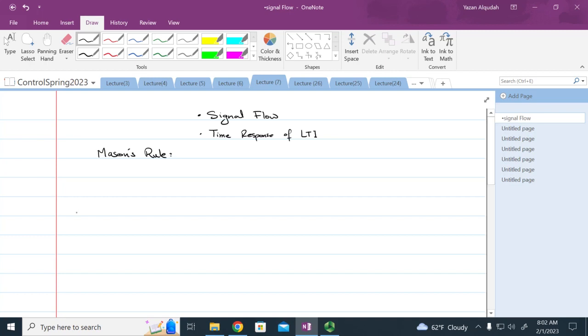Okay, some definitions. The first definition is the loop gain. This is the product of branch gains obtained by traversing a path that starts at a node and ends at that same node.